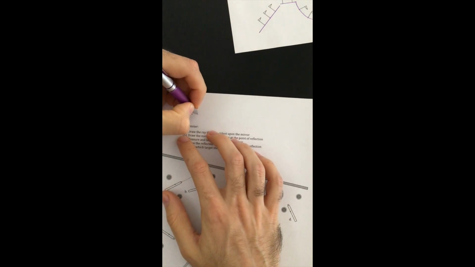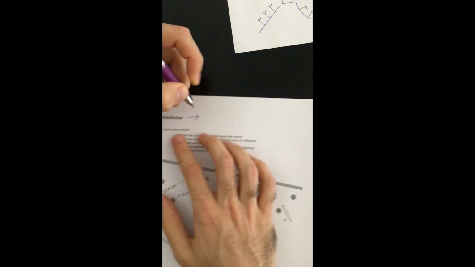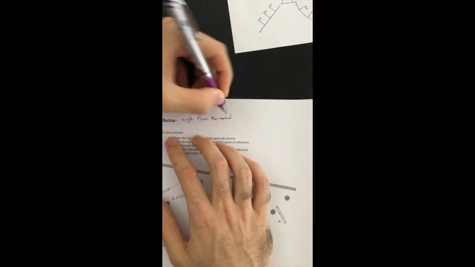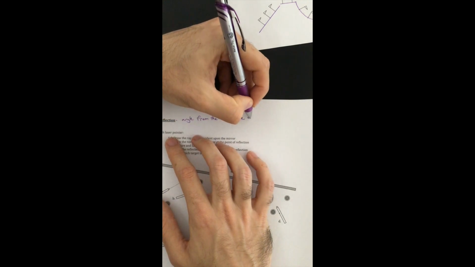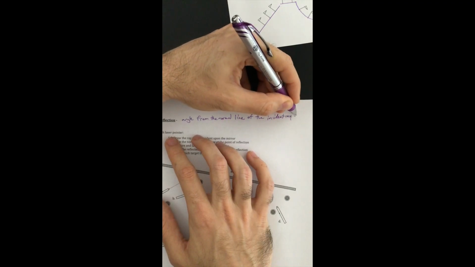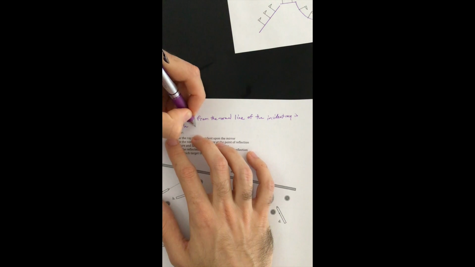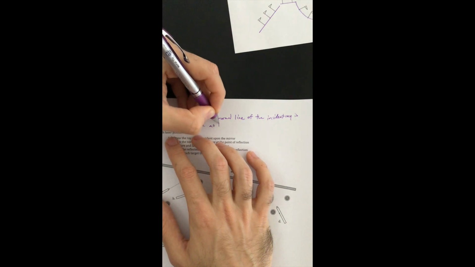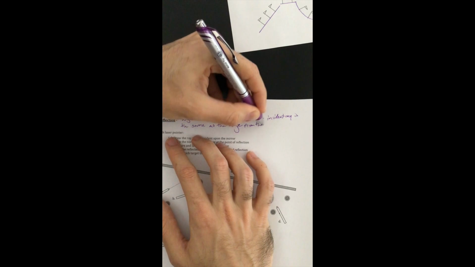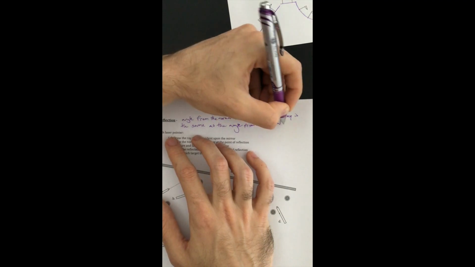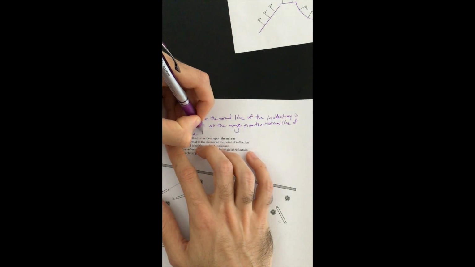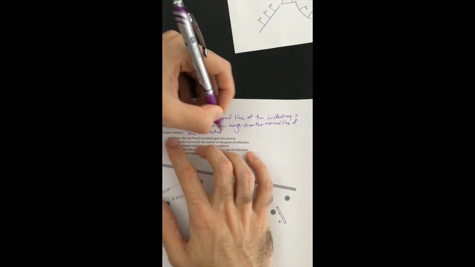It's that the angle from the normal line of the incident ray is the same as the angle from the normal line of the reflected ray, or the outgoing ray.